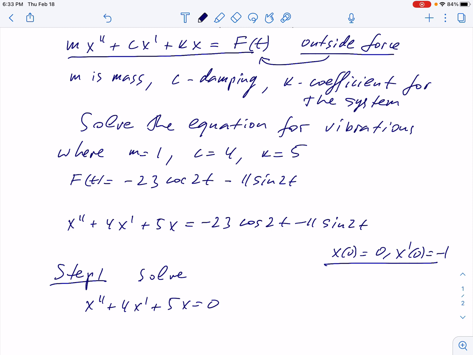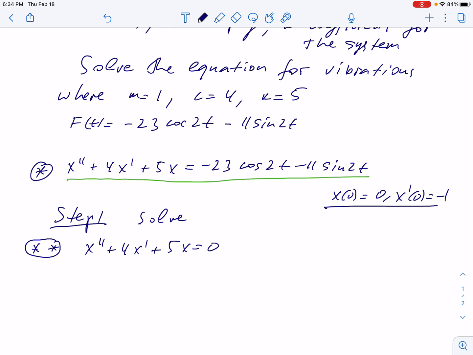For convenient references, the original equation I shall underline in green, make it more visible, and this equation we will call equation star, and the homogeneous equation will be equation 2 stars.